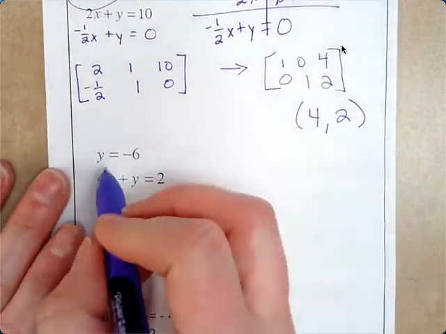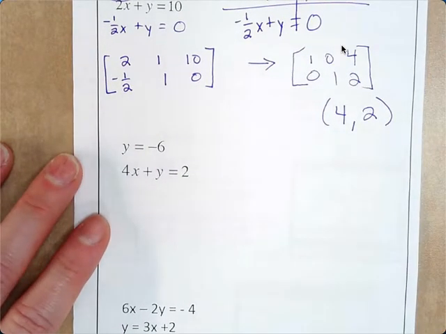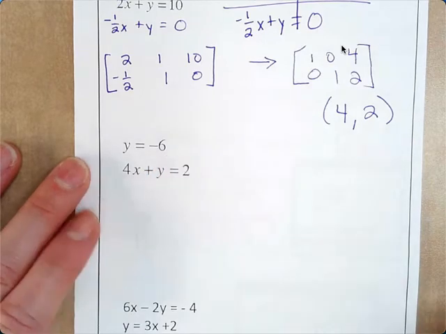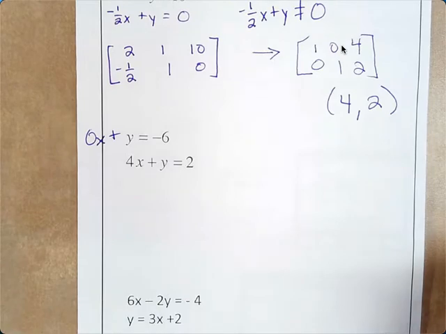All right, next one. We don't have an x value. So what would be the x value since it's just y equals -6? Yeah, so it's 0x plus y equals -6.